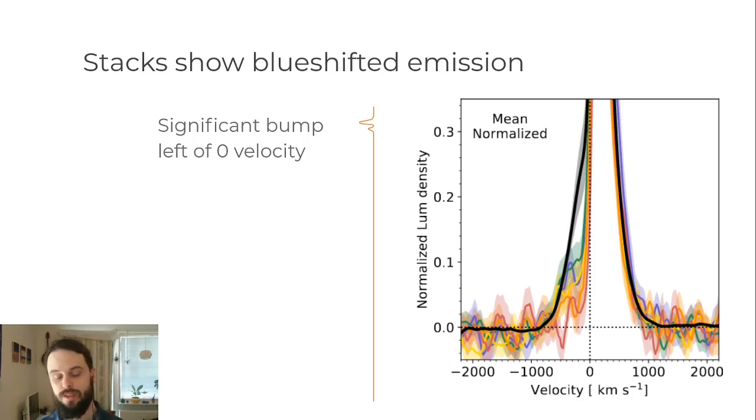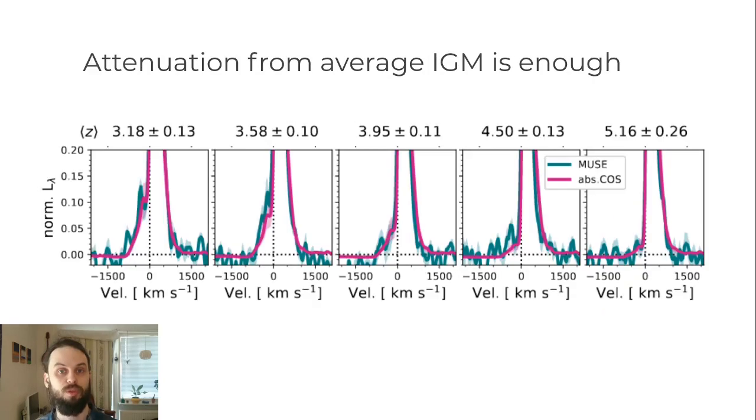And we wanted to test this, and we did this by getting a prescription for the average IGM attenuation from Inoue et al. 2014, and applying this to our redshift 0 spectrum, which doesn't have any attenuation in it, and then comparing the result to that of the corresponding MUSE bins.